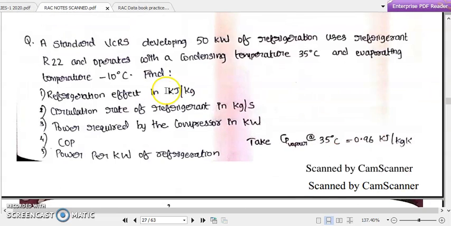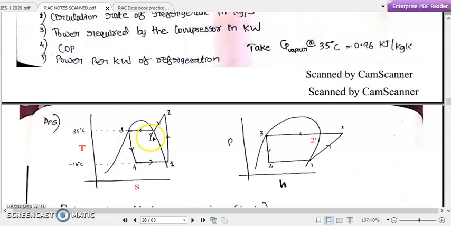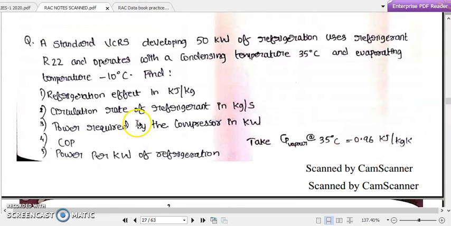So again we can read the question. It is using the refrigerant R22 and operates with a condensing temperature 35 degrees Celsius. So where is this condensing happening? At 2-3. Here the condensing temperature is only 35 degrees Celsius, that is a somewhat higher temperature than our room temperature.